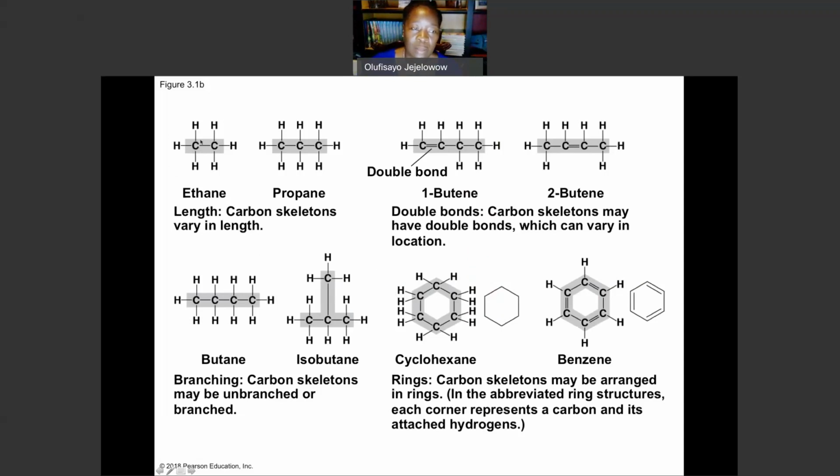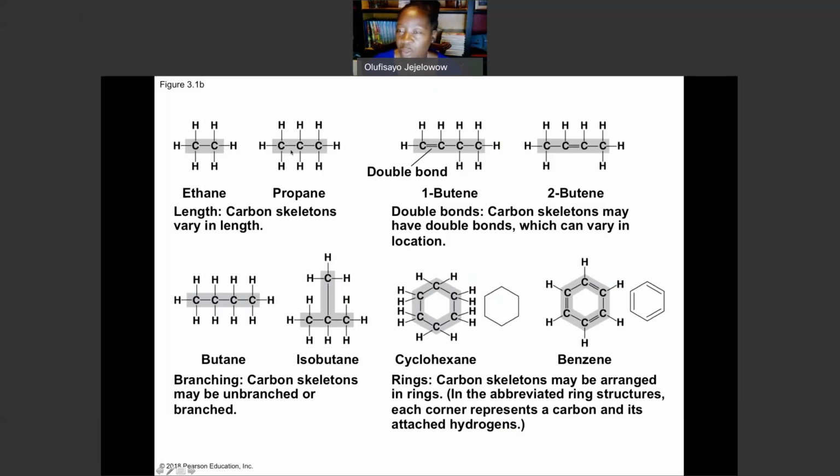So these 2 carbon atoms share their electrons. So there are 2 electrons here. Each carbon now covalently bonds with 3 hydrogen atoms, as in ethane, C2H6.